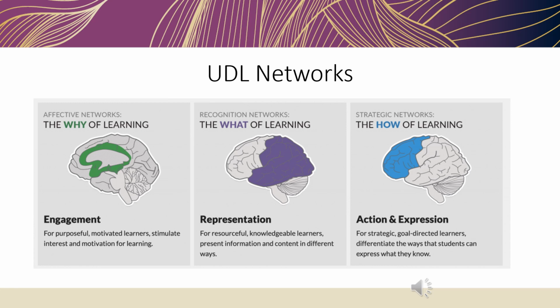This is the representation network. For resourceful, knowledgeable learners, present information and content in different ways. The third network is the strategic network, or the how of learning. This is also called action and expression. For strategic, goal-directed learners, differentiate the ways that students can express what they know.